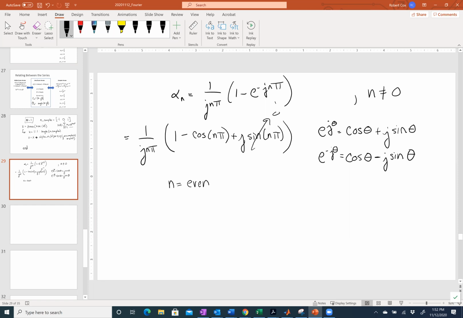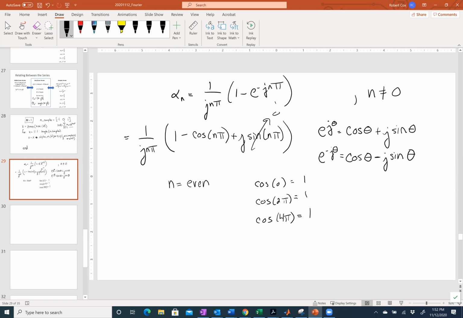What about 1 minus cosine of n pi? So what happens if I have cosine of 0 or cosine of 2 pi or cosine of 4 pi? What's true about all of those? What are they all equal to? 1. They're always equal to 1. So I'm going to have 1 minus 1.